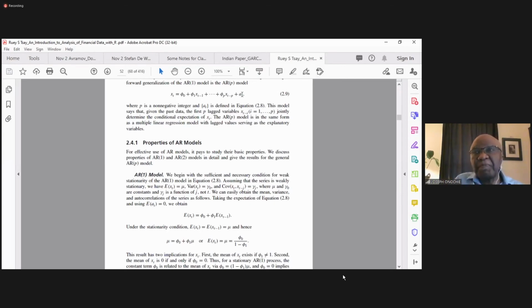Of course, the problem is always, if you and I download Facebook's day-by-day return for the past 20 years, and we determine that it's an autoregressive time series, that is, every day's return is determined by a past series of returns, but how many lags in the past? That's a crucial question.